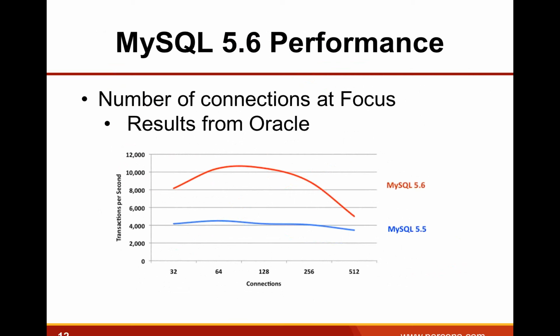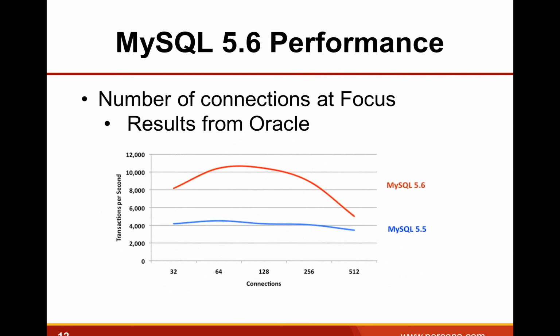We can see that a lot of performance gains happen with a large number of connections, and results with a lower number of connections are simply not shown on this graph, but the 5.6 gains could be a lot more modest in that case. They are very substantial, especially for a medium number of connections, somewhere from 64 to 256.